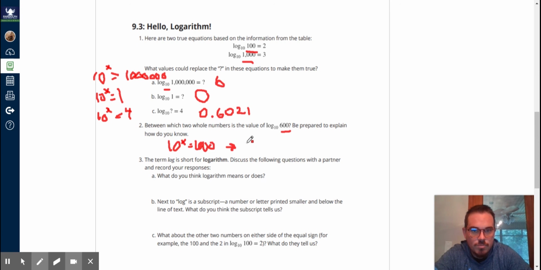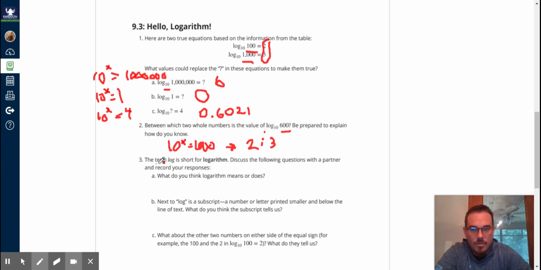Well, it's got to be between 2 and 3. Because our answers here are 2 and 3, I know that the number between 2 and 3 is going to give me the log 10 of 600. So that's where we get that answer.